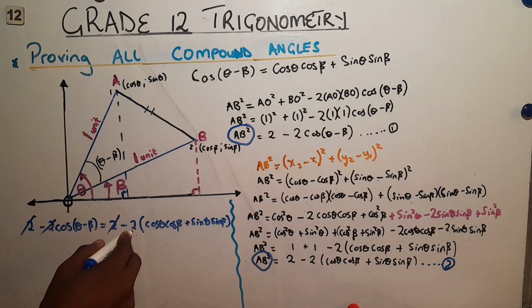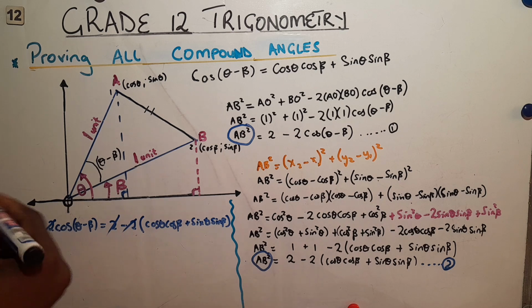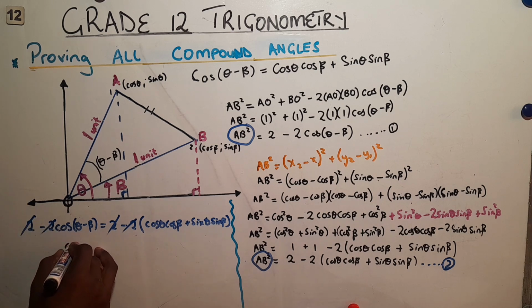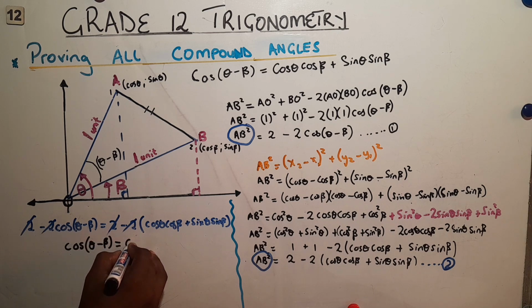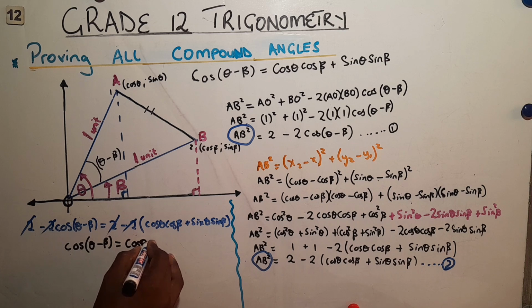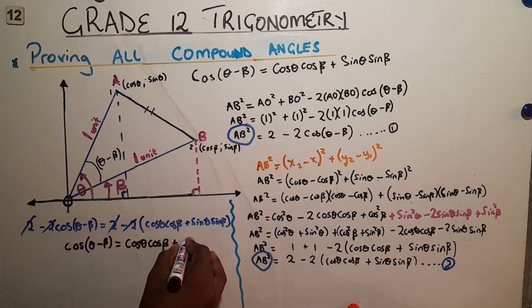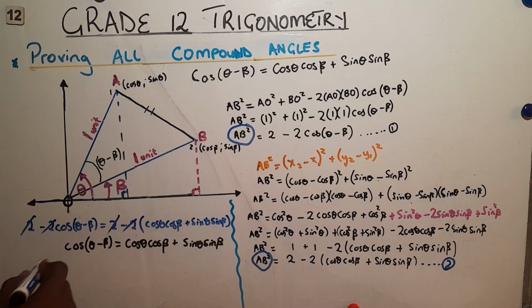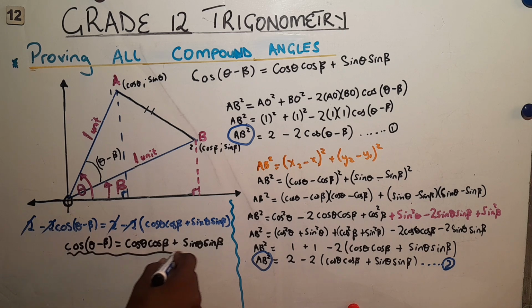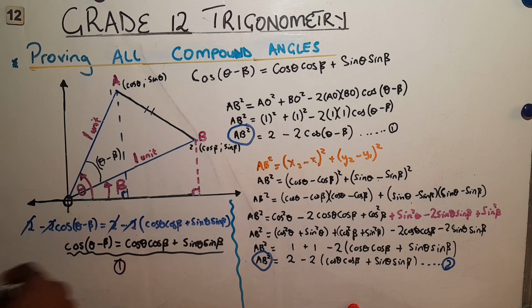So negative 2 as well. Now this will leave us with cos (theta minus beta) is the same as cos theta cos beta plus sine theta sine beta. So this is our identity number 1, or compound angle number 1.